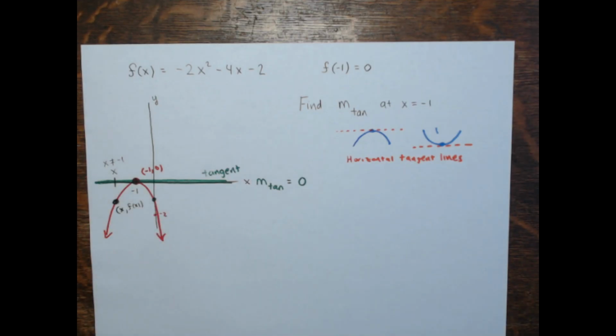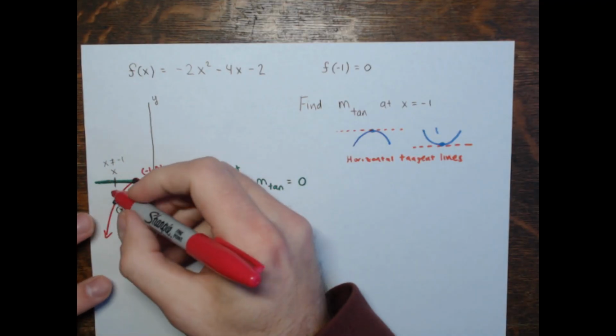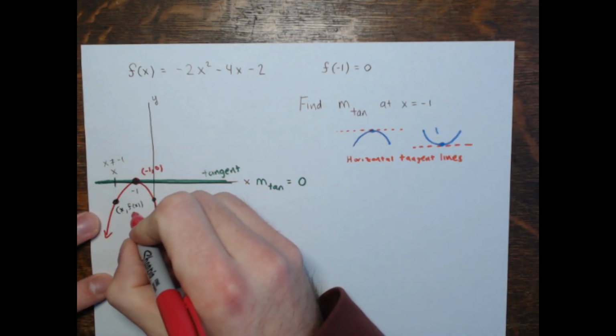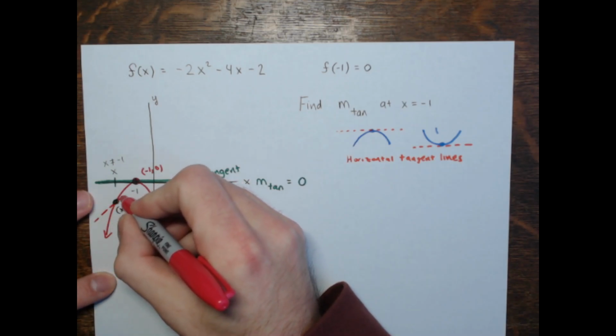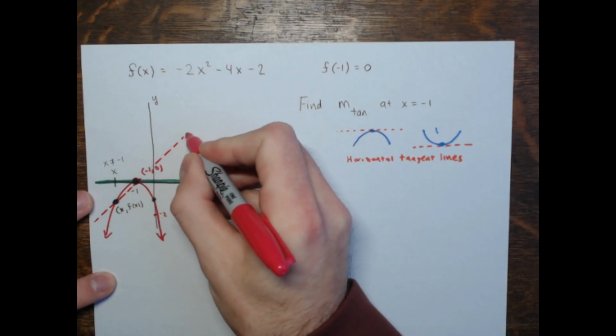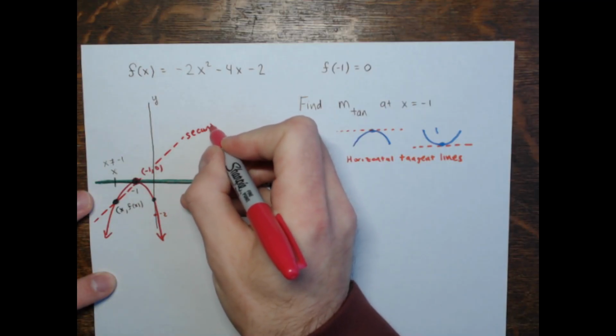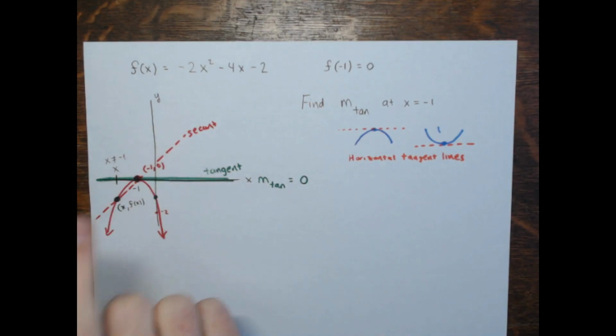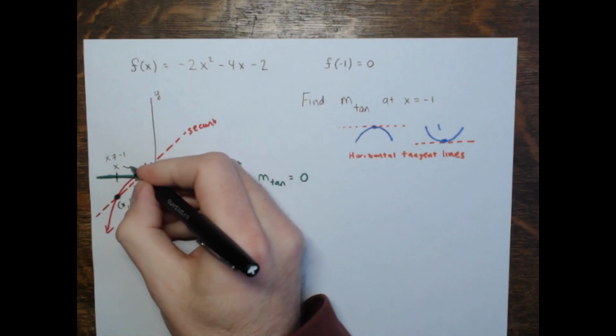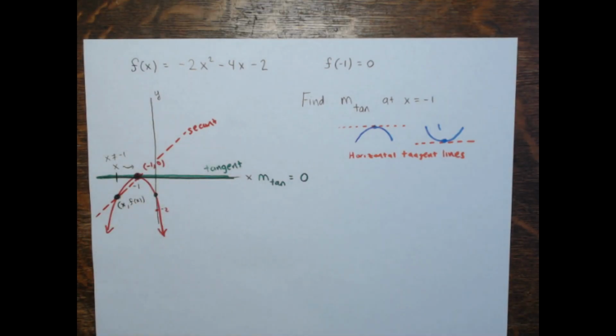And then here would be my secant line through this point x, f of x, and then through the point -1, 0. This would be my secant line, and then we take the slope of the secant line and have x approach -1 to get closer and closer to this slope of a tangent line that they want.